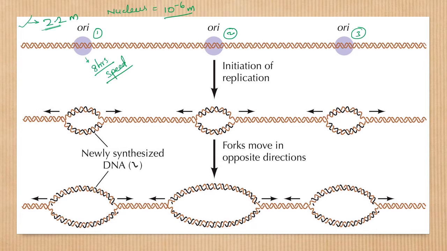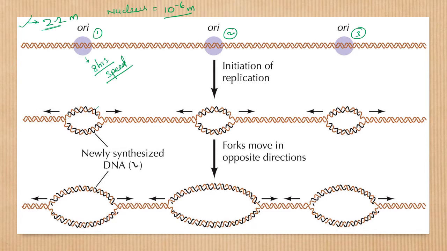Now, in this replication, the origin region is first unwound. The original DNA strands are shown here in brown color, and the newly synthesized strands in black color. The old strands are separated, forming an unwinding. It splits the hydrogen bonds, the strands are separated, and new strands are synthesized.